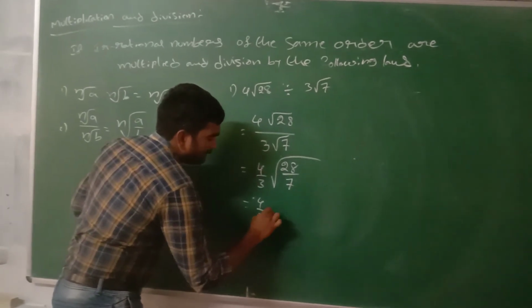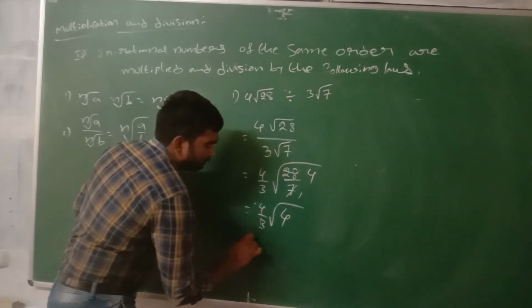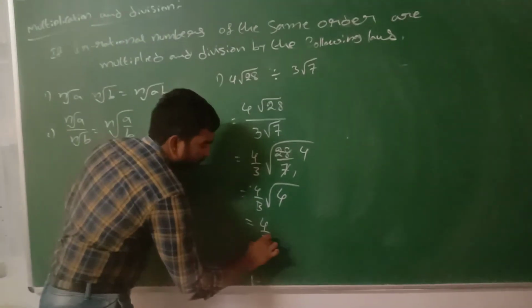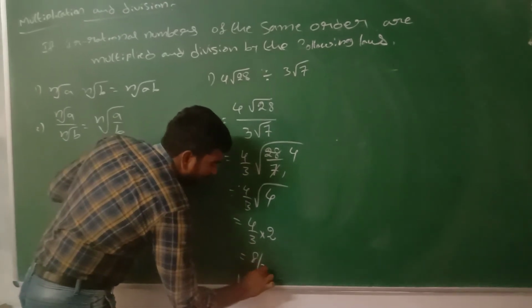So 4 by 3 into root of 4, that is equal to 4 by 3 into 2, that is equal to 8 by 3.